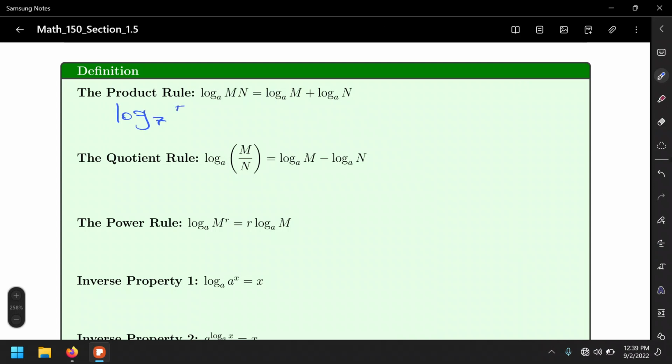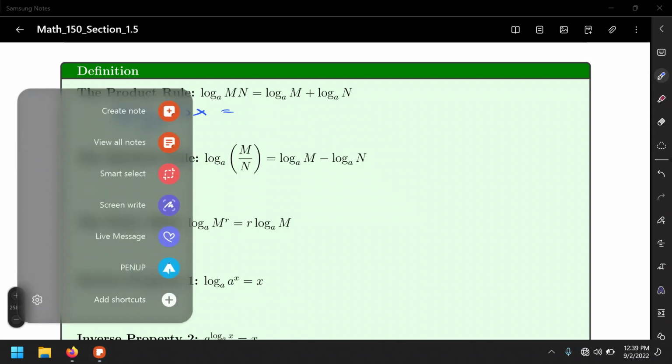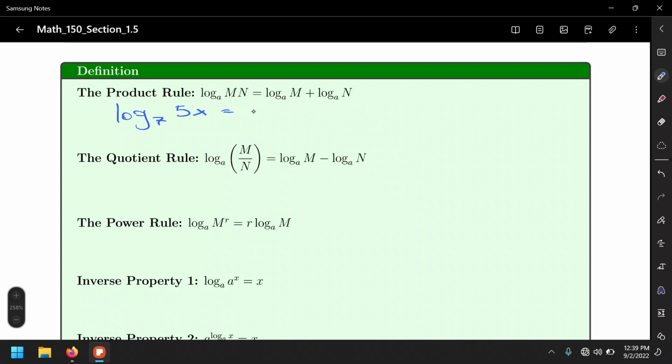Using the product rule, because we have a product in the argument, the expression inside the logarithmic function, by the product rule that's log base 7 of 5 plus log of x. In other words, we write the logarithm of a product as the sum of two logarithms.